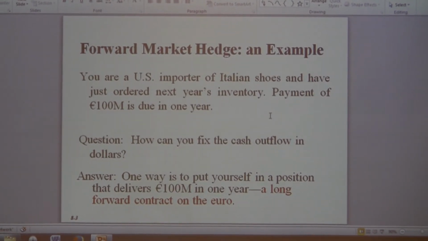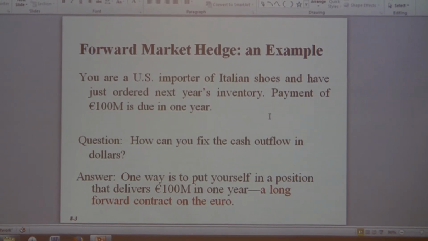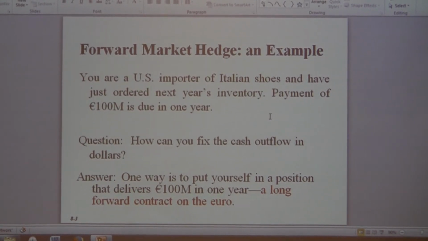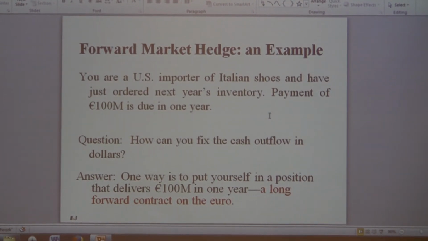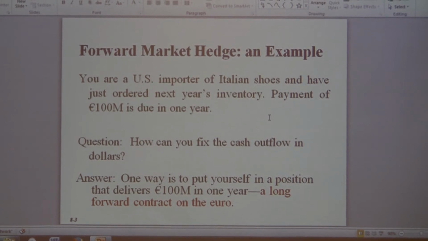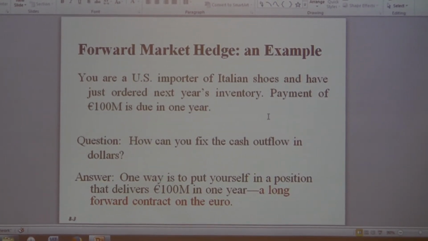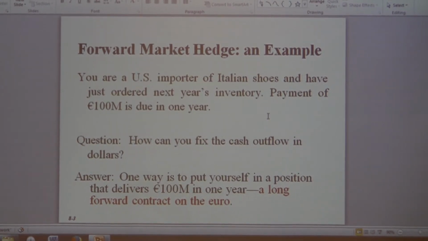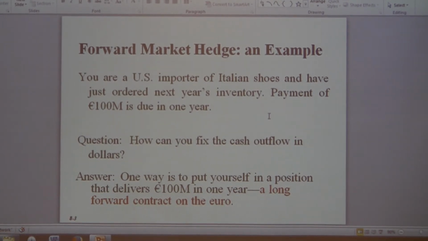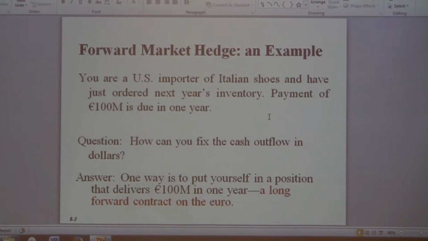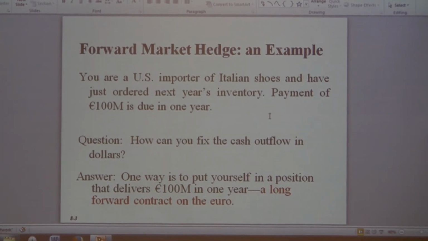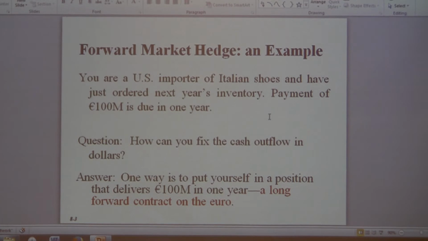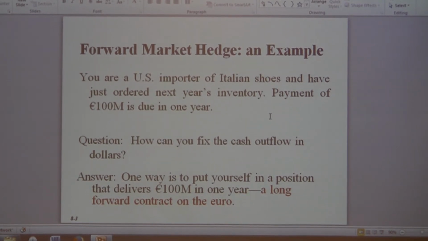Now, we can look at a couple of examples. What happens if you are unhedged, and we can also talk about what happens if you are hedged. So to make life easy, let's assume that the exchange rate today is 1.5.